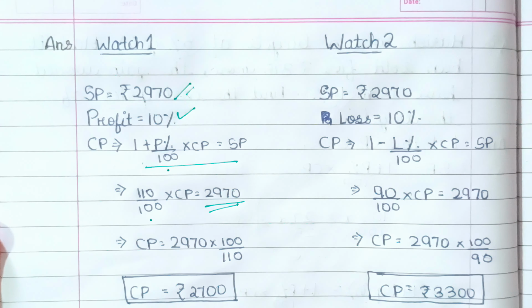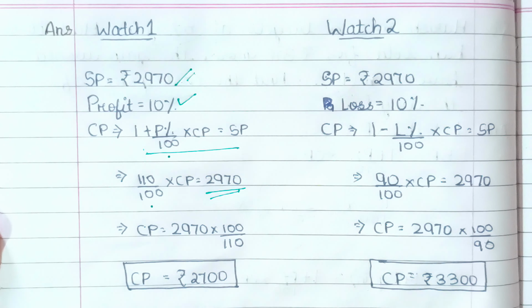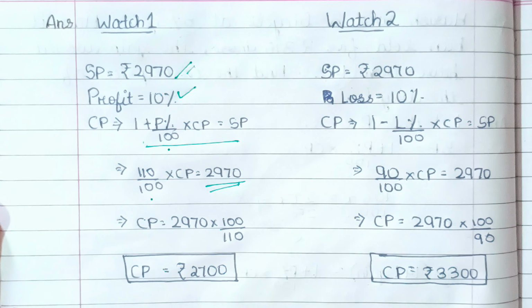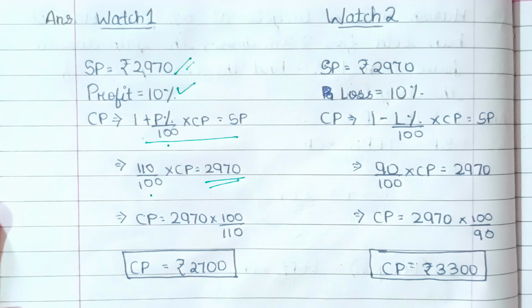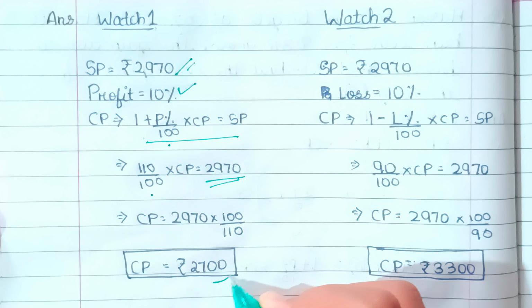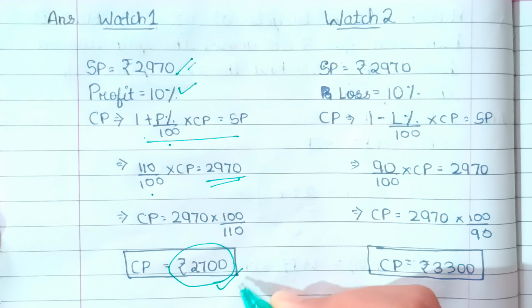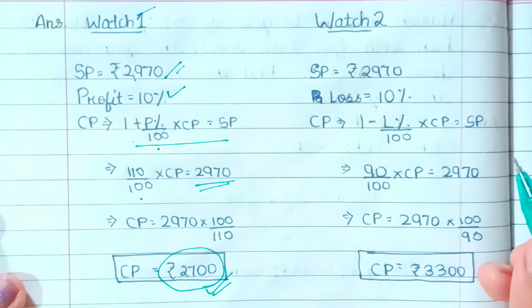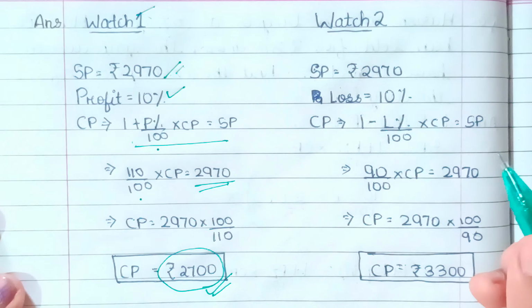So now from here the CP is 2970 into 100 by 110, and here we get the CP as rupees 2700. This is the CP of watch 1. Now we have to find the CP of watch 2.